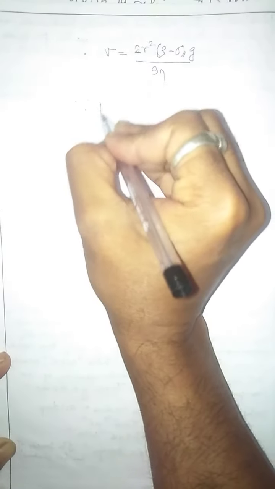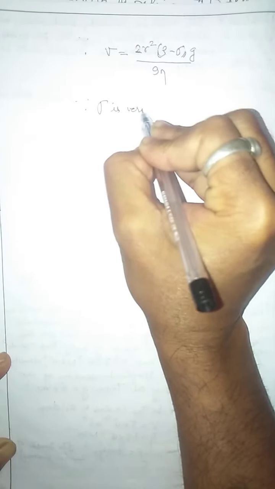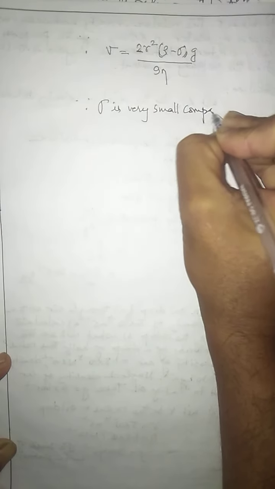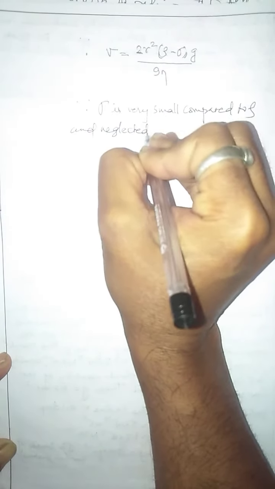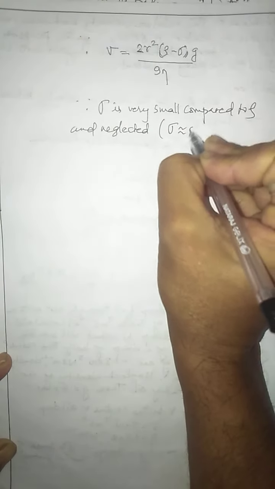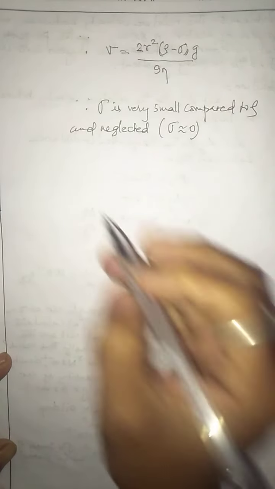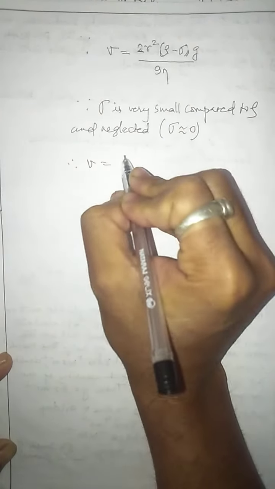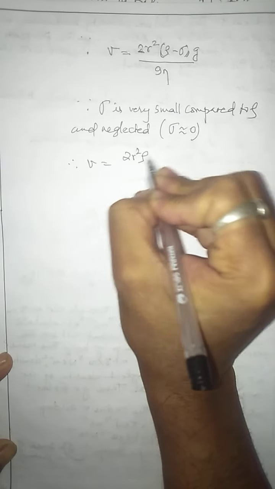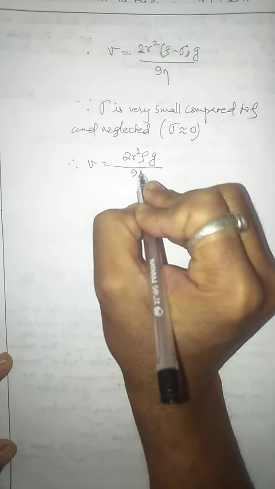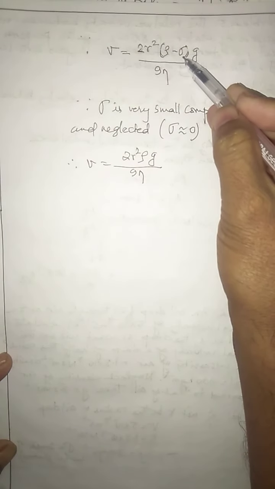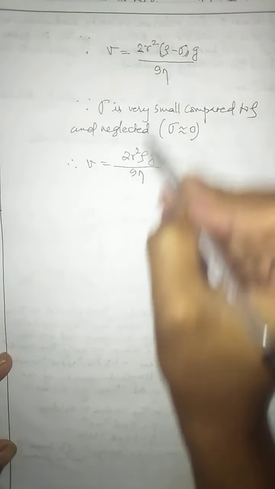That means since sigma is very small compared to rho, and neglected means in the question it is assumed that the value of sigma, the density of air, is neglected. So neglected means, as you know, it is nearly equal to 0. So I will not write the value of sigma. So I write directly v equals the formula 2r square rho g by 9 eta. Okay, yes, because this will be 0. So any rho minus 0 means rho only.